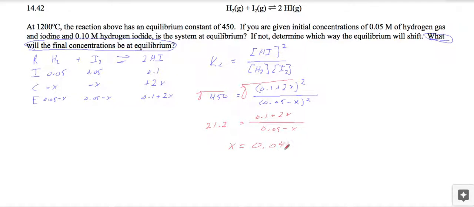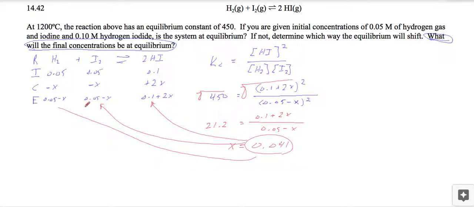And now I can plug things in to solve for my final concentrations. Now, I did skip over this at the beginning, because the first part of the problem says, is this system at equilibrium? To solve for that, we should have gone through and solved for Q and seen, does it equal K?